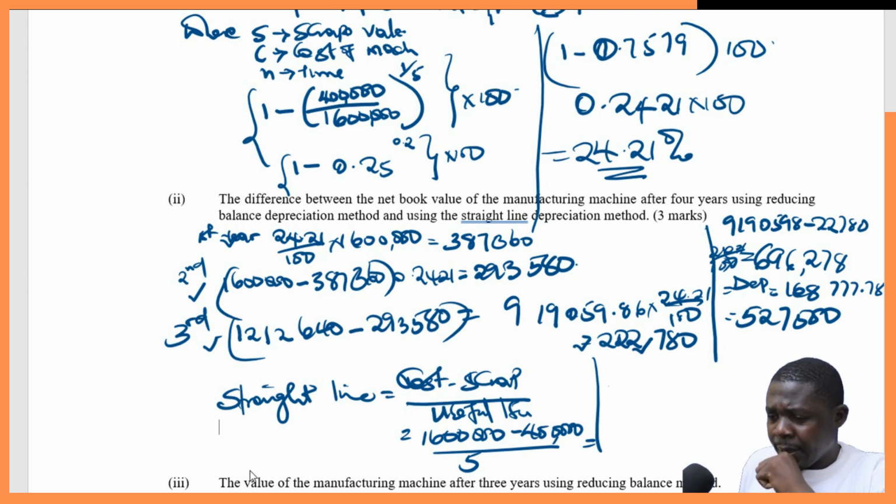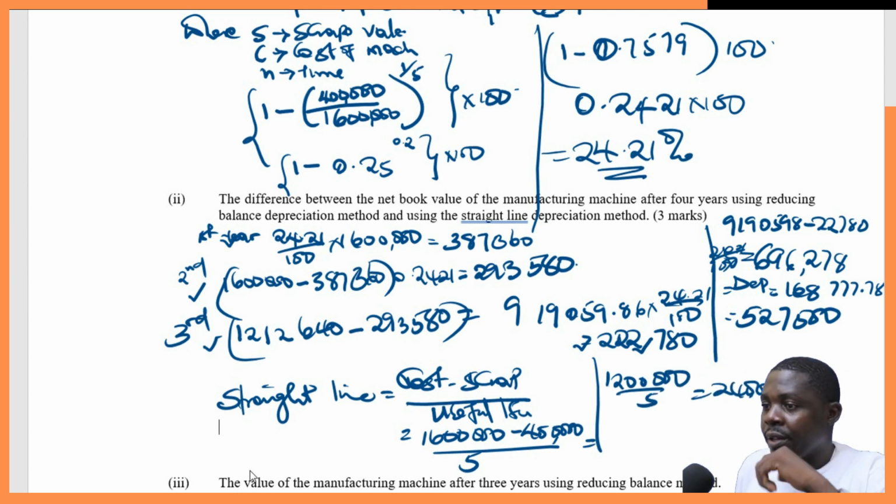That is 1,200,000 divided by 5, we get 240,000. But now we have to get the depreciation for 4 years.